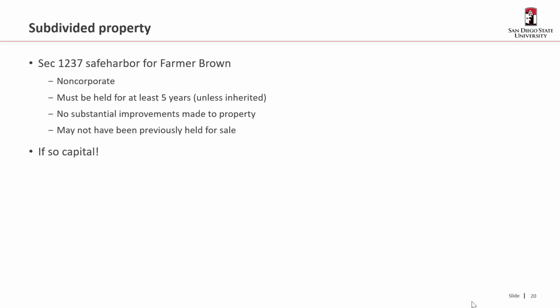So first off, in order to qualify, the taxpayer must not be a corporation, and generally speaking, an individual. They must have held the property for at least 5 years, unless that property was inherited. There may be no substantial improvements made to the property. And lastly, the property may not have been previously held for sale, aka as inventory. And if you meet all these, any sale receives capital treatment.